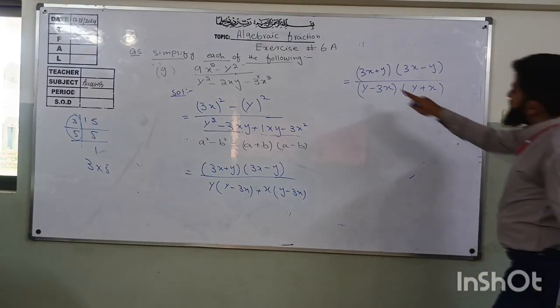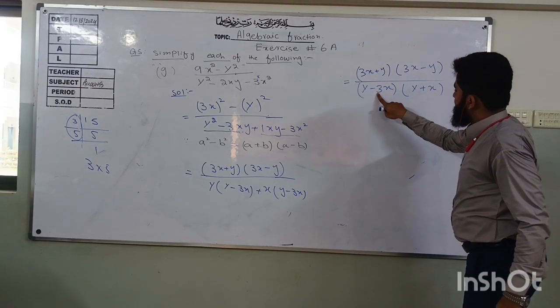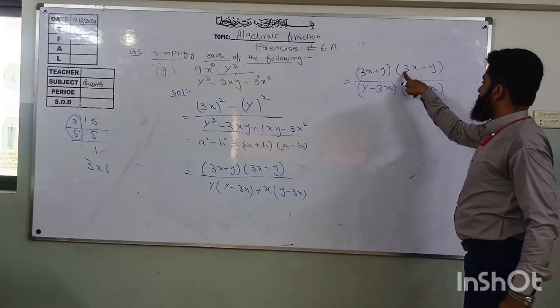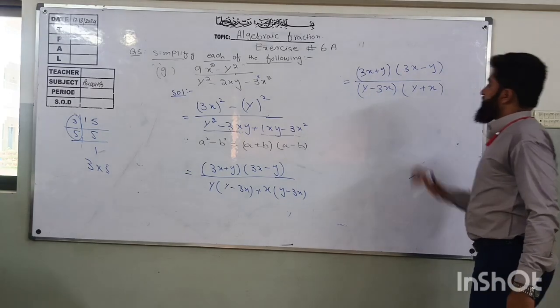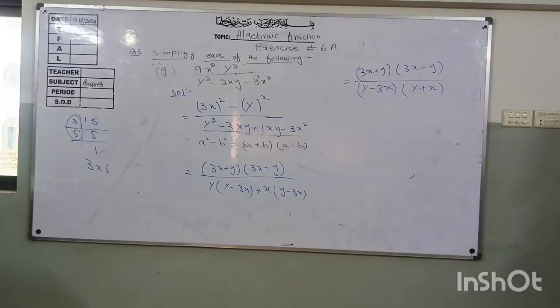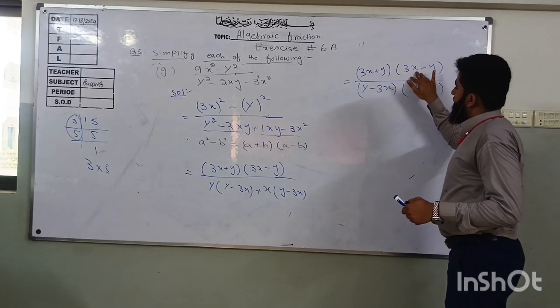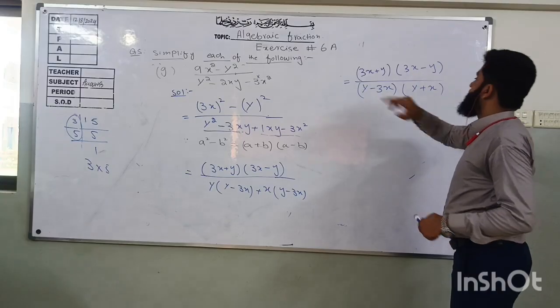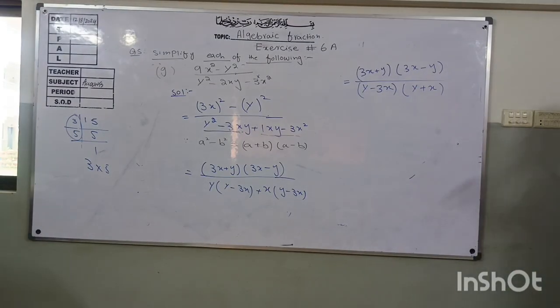In the numerator we have positive x, in the denominator we have negative x; positive 3x in one place, negative 3x in the other. Both factors are the same but only the sign differs.